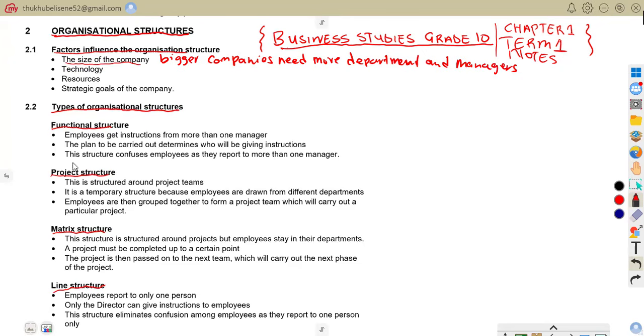Now coming to technology as another factor that influences the organizational structure.